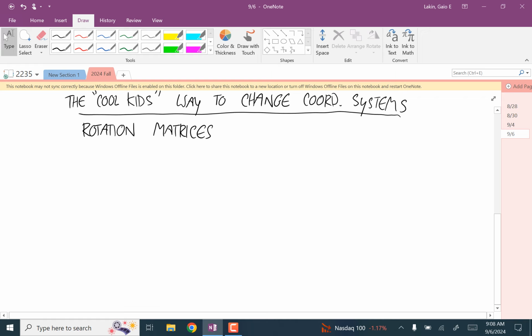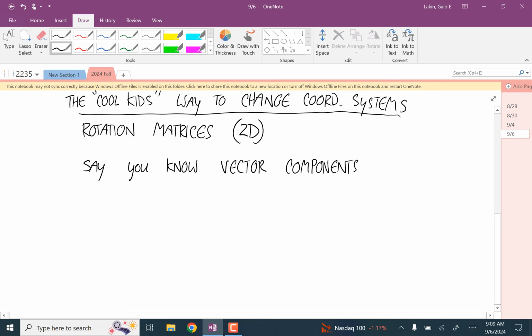So say that you want to go, we're just going to do this in 2 dimensions. You can also do it in 3D. But in 2D, say you know all your vector components in a coordinate system like this.